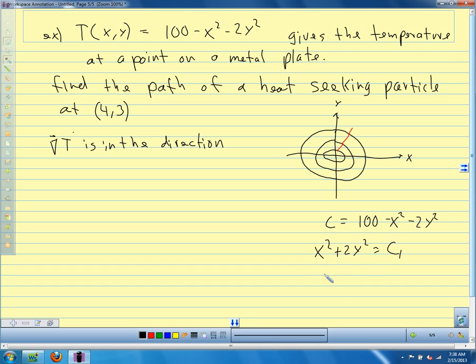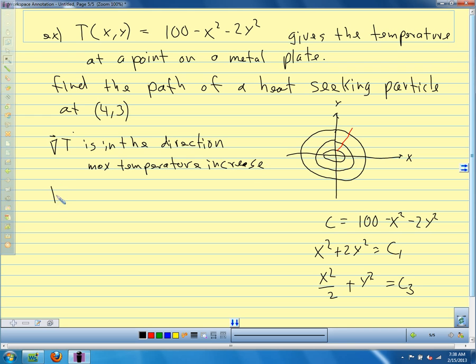Divide everything by 2, I get x squared over 2 plus y squared equals some other constant. Does that make sense? Okay. So del T is in the direction of the maximum temperature increase. So that's going to be part of our problem.